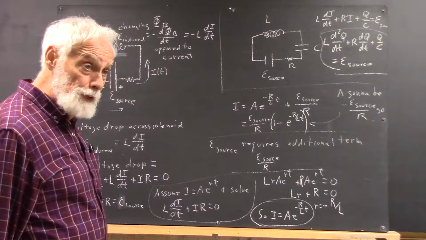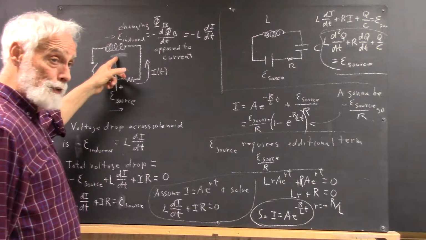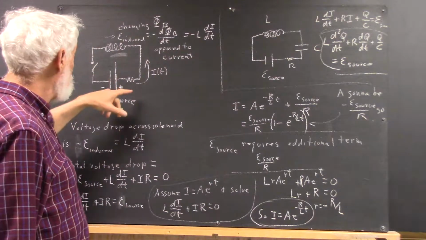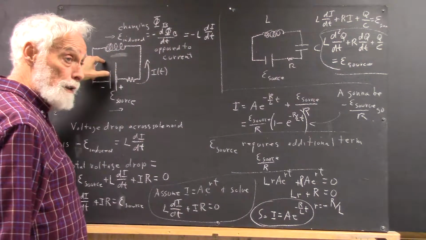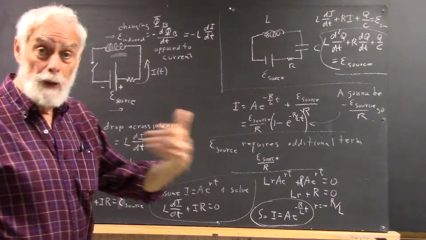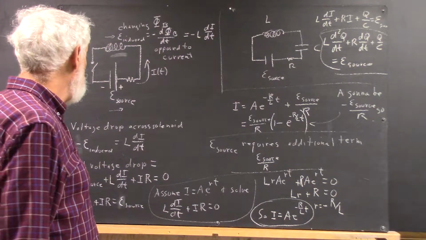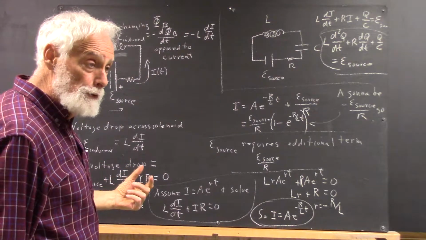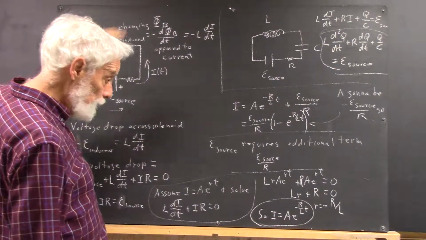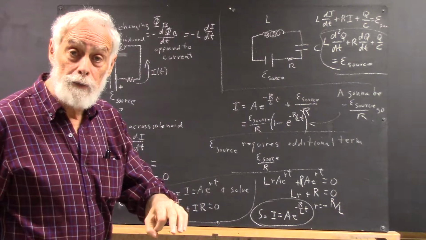And the reason that doesn't happen is this coil. What happens when you get a current through this coil? You get a magnetic field. We just saw how you get a magnetic field. Now, if you multiply the magnetic field by the cross-sectional area, you get the magnetic flux.